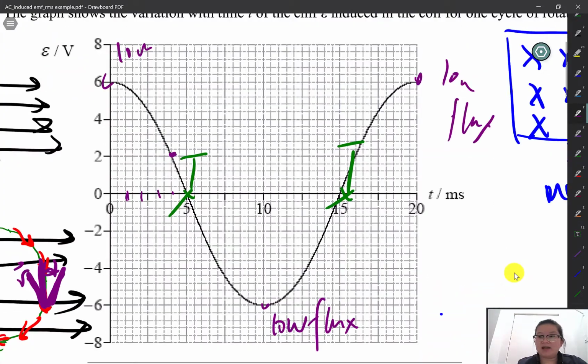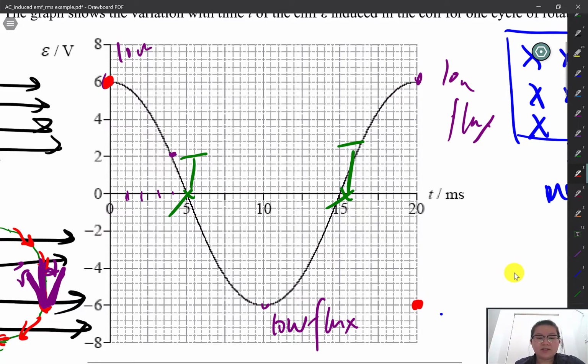And assuming that the graph starts off at the peak, drawing this with red, it's going to start here, and it's probably going to end somewhere over here, because that's going to give us half of the period, which, since the period doubles, would take exactly 20 milliseconds, since the full period is 40 milliseconds.